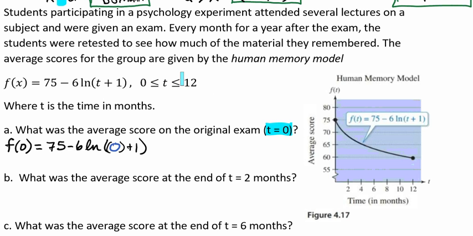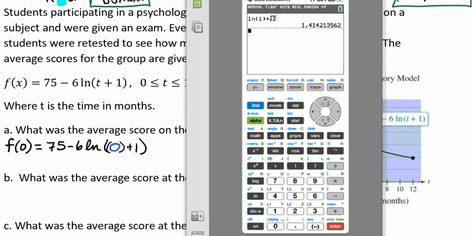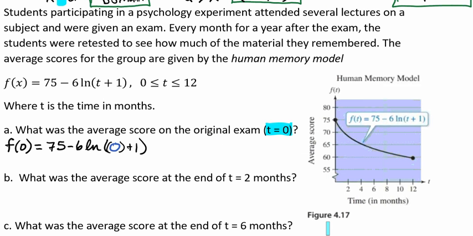So we pull up our calculator and plug that in. So 75 minus 6 times the natural log of 0 plus 1. And we'll hit enter, and that's going to give us 75. So we're going to say that our f of 0 equals 75.